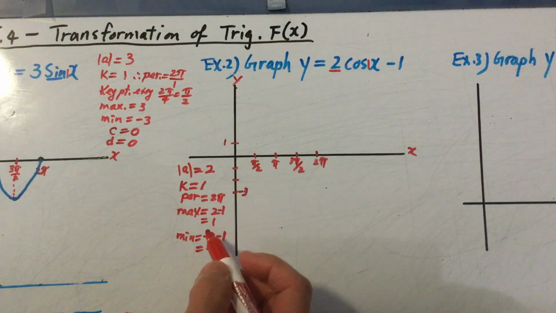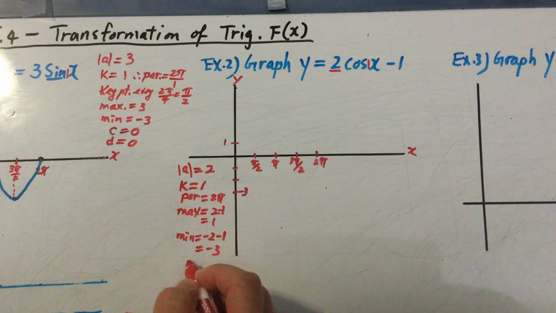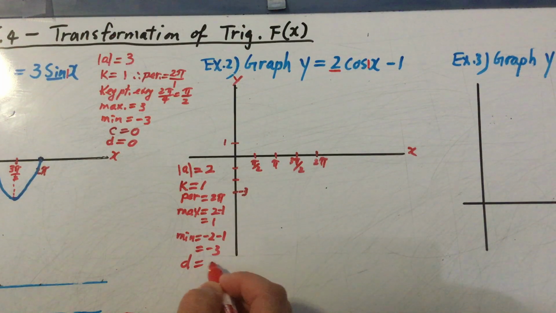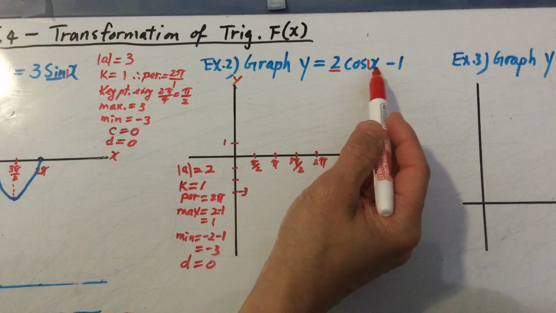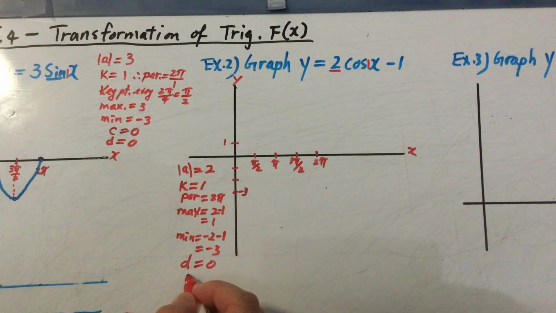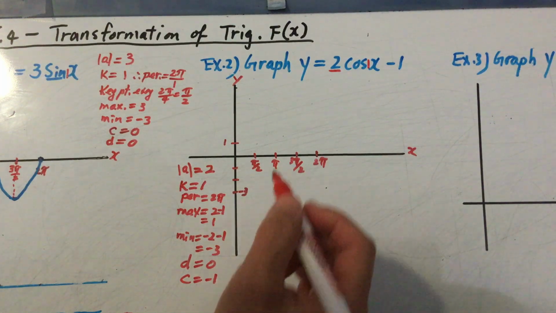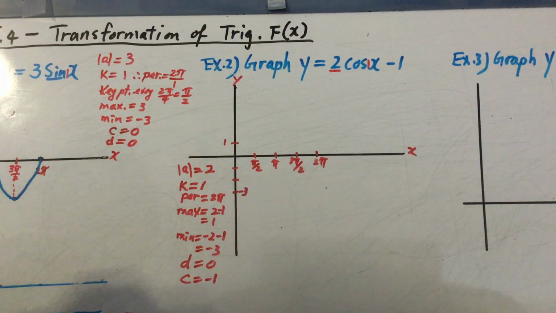Okay, and the d value, there's no phase shift, but I know that the d value is 0 because there's no phase shift. We're not moving left or right, but we do have the c value that is equal to negative 1, which is my equation of axis.